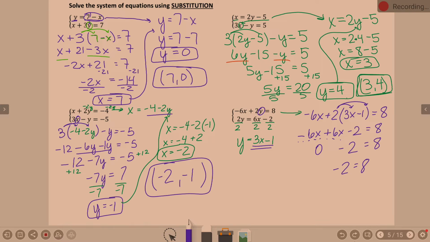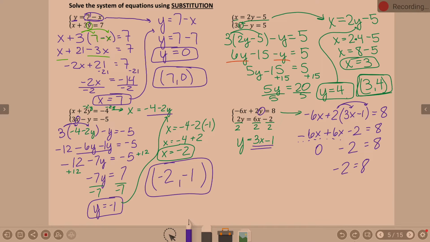We had an x, but it just canceled out. So, when you have your variables cancel out, whether it be x's or y's, so when you get to an equation that has no variables, you have two options. Your answer is either no solution or infinitely many solutions. My variables canceled out, so it's no solution or infinitely many solutions. Which is it?